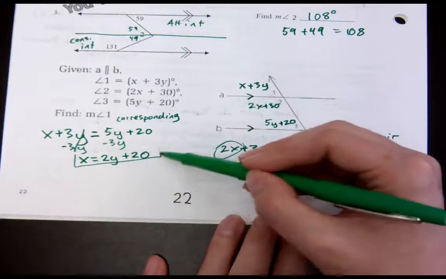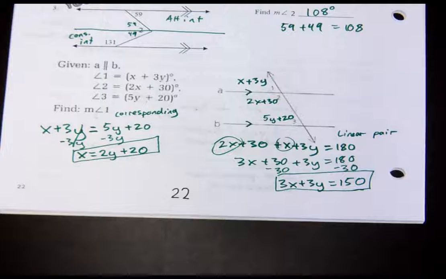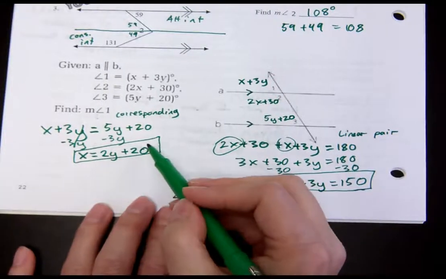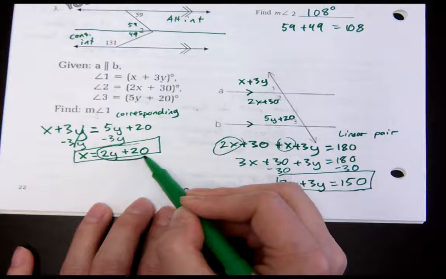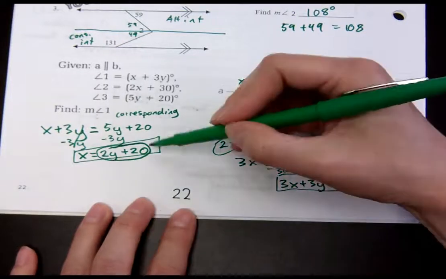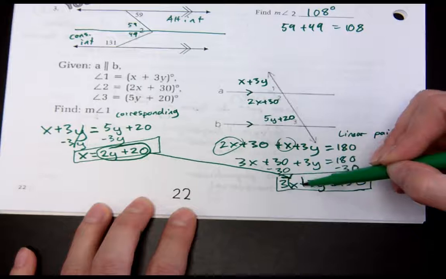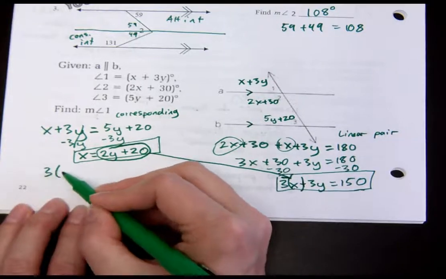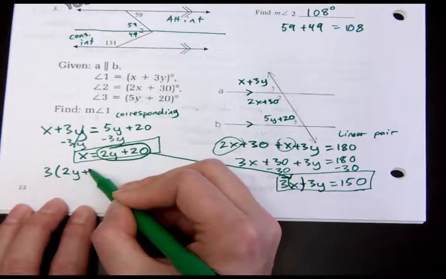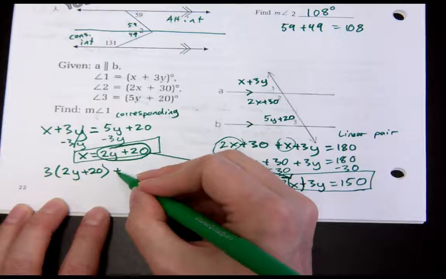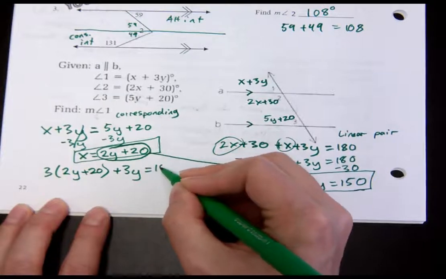What do I do with them? You plug the x into the 3x. Yeah, this is where I do that substitution or elimination that you've learned before. The easiest way is to substitute. I already know x equals this, so I take 2y plus 20 and plug it into the place of x right here. So that gives me 3 parentheses 2y plus 20 plus 3y equals 150.